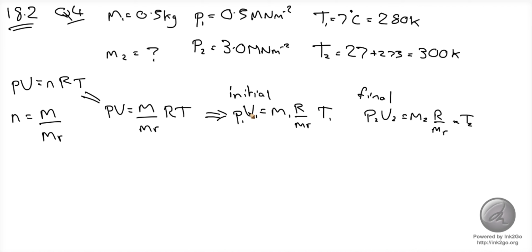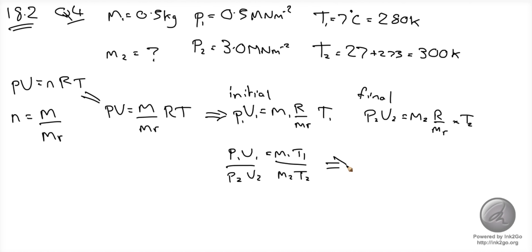And we divide this equation by this equation, simultaneous equation, solving style. We get P1, V1 over P2, V2 equals M1, T1 over M2, T2.